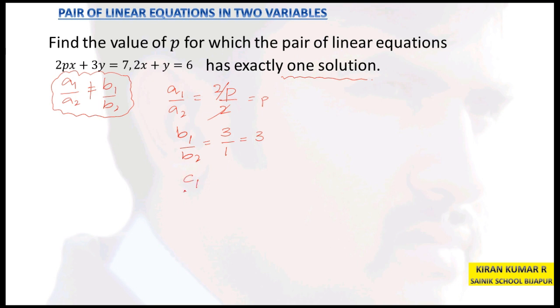And c1 upon c2 is 7 upon 6. When we take this 7 to the left hand side, minus 7, 6 to the left hand side, minus 6, and the ratio minus 7 upon minus 6 is same as 7 upon 6.